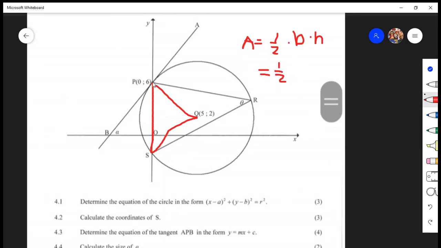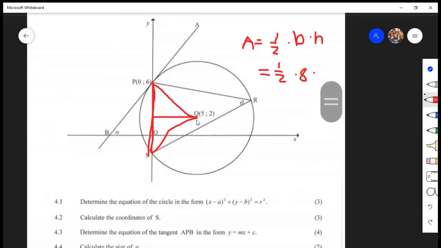And we had PS as 8 units, so that'll be half times 8 times our height. Our height in this case would be from our base until the center point of our circle. So from the y-axis, which is x equal to 0, until our center point is 5 units, right?